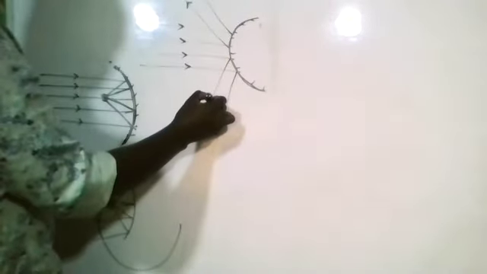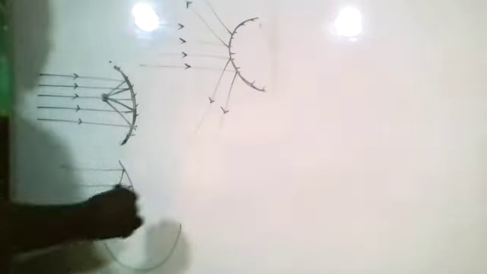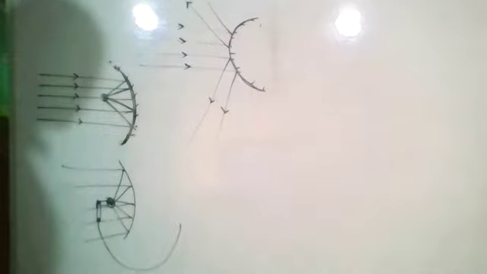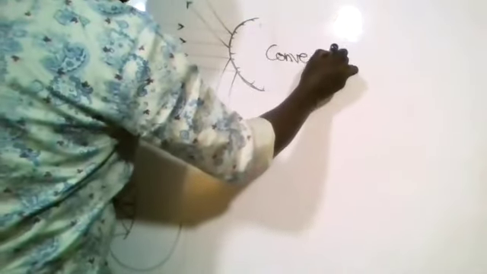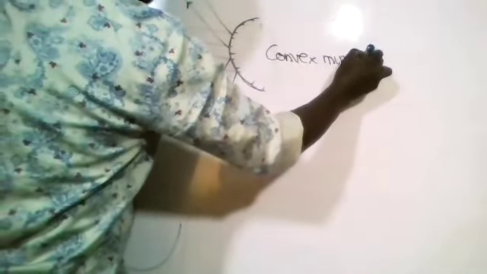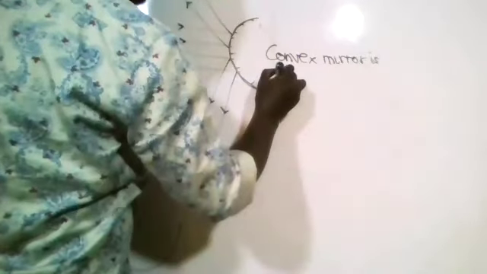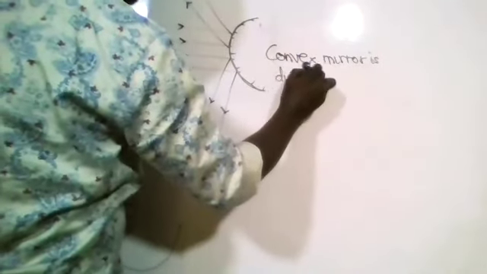It spreads out a parallel beam of light. Spreads out or diverges. That is the reason a convex mirror is a diverging mirror.